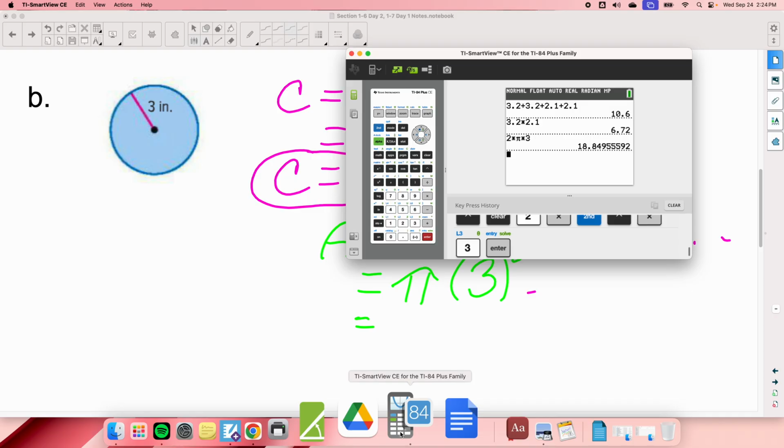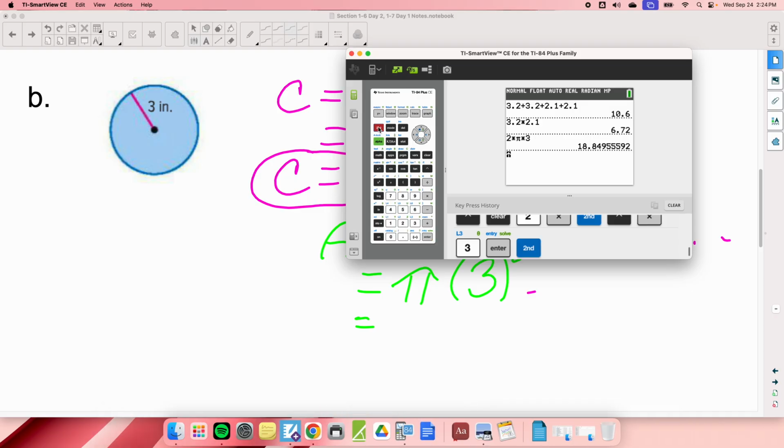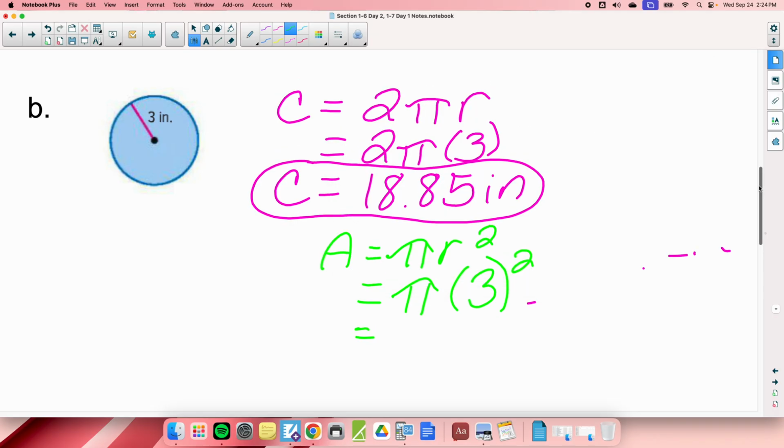If you can't find yours today, come see me and I'll help you. On a graphing calculator, you go second and then that up arrow, and that gives you pi. And we go times 3 squared, which is right here, and that is 28.27. And that is in square inches.